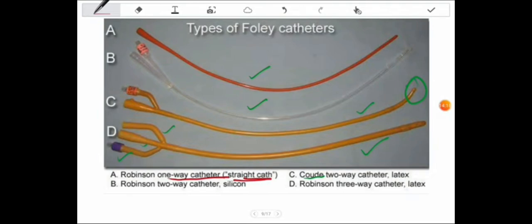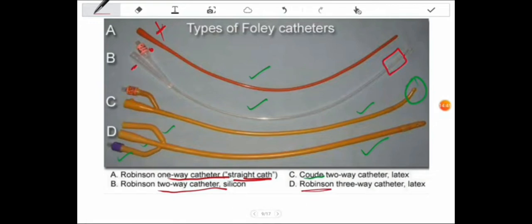You can see there are no two separate ways here. So this is a one-way catheter, like we talked about the intermittent one. Then is the Robinson two-way catheter. There are two ways, one the colored part, this part, which is used to inflate the balloon or the bulb, and the second part from where the drainage will occur.